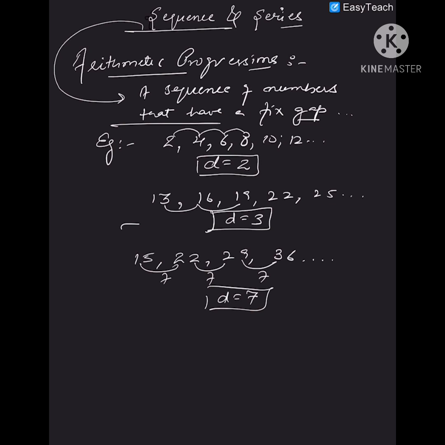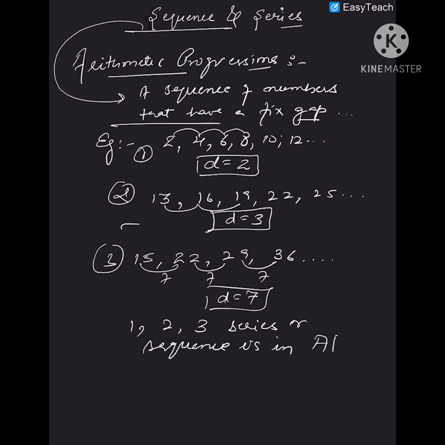And if this difference remains the same, we say that the first, second, third terms of the series or sequence are in AP. That is, this is called an arithmetic progression. So this is the very basic idea of this chapter, what arithmetic progression is.